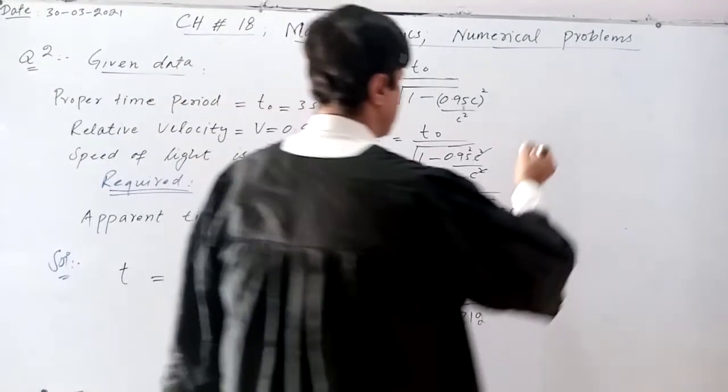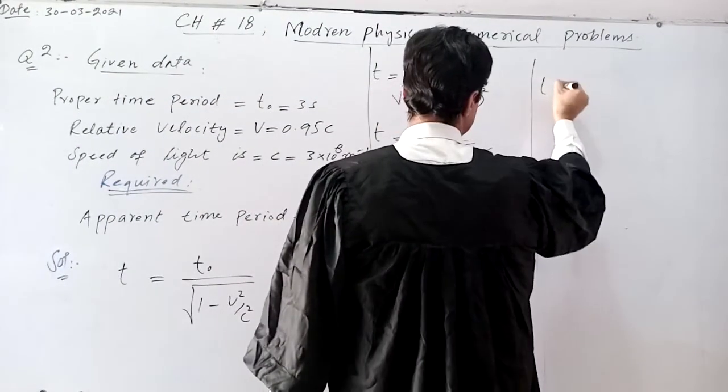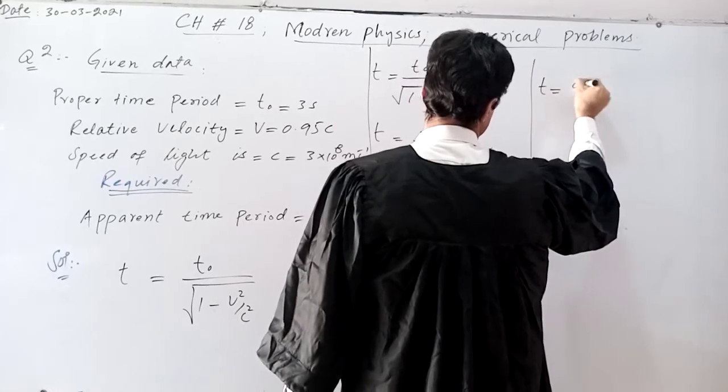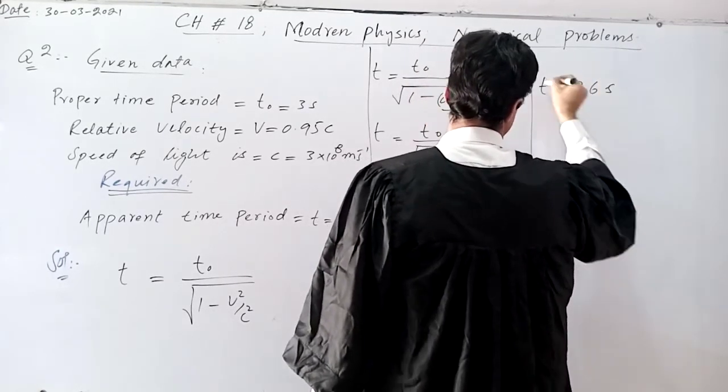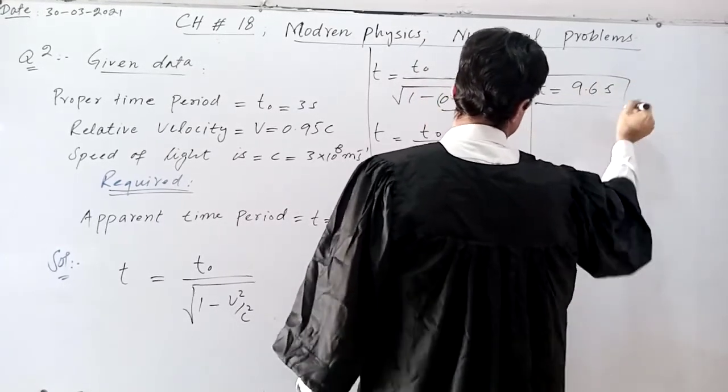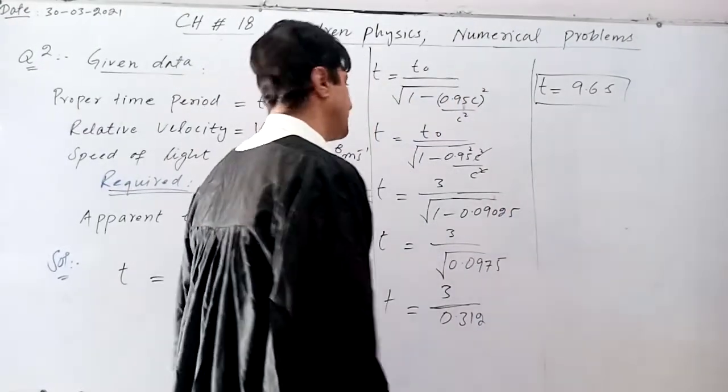T is equal to 9.6 seconds. This is time dilation, the dilated time.